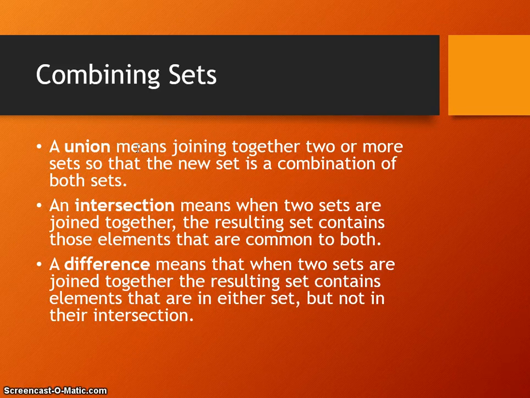It would contain 5 elements. The intersection of them two sets would just be the number 3, because that would be common in both. And the difference are all the values that, when the sets are joined, are just in either a set but not in both, such as 1, 2, 4 and 5.